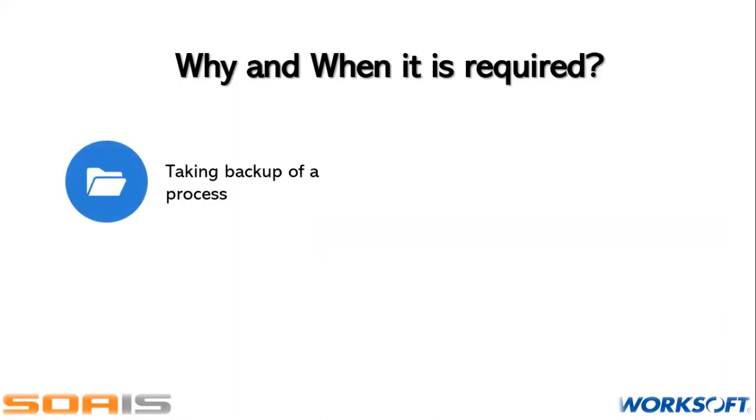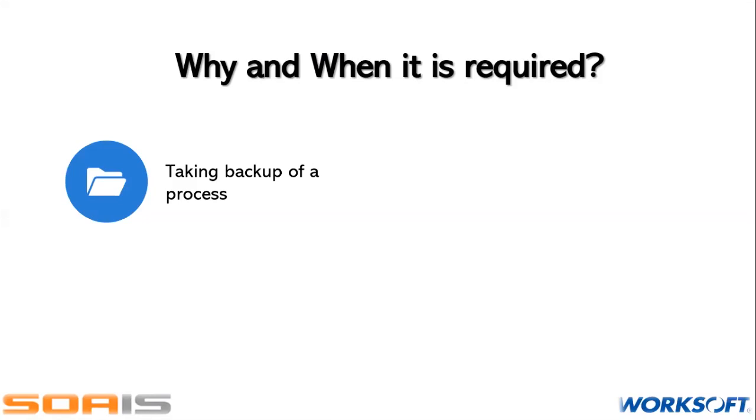So the first point is taking a backup of the process. Whenever we are working on a project, and basically if it is a maintenance type of project, whenever we are modifying a process, sometimes we think there should be a backup, because we are working in a team. Let's say 2-3 people are working on the same project, and some guy modifies a process.